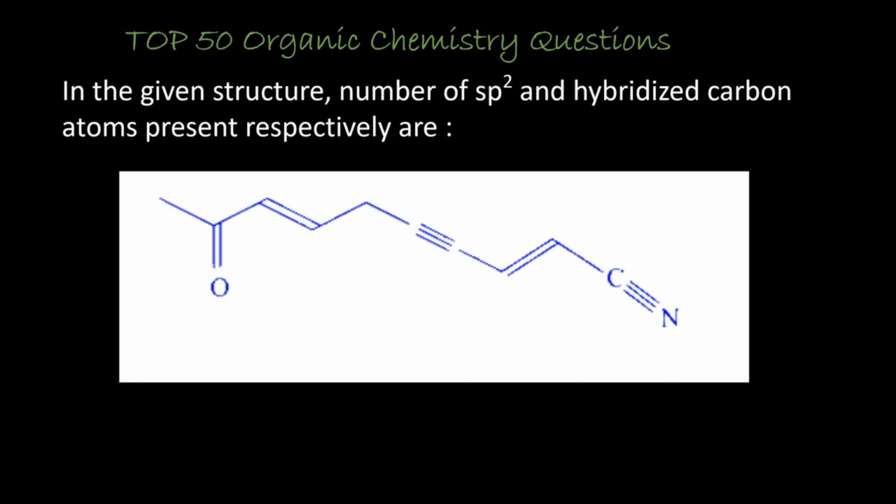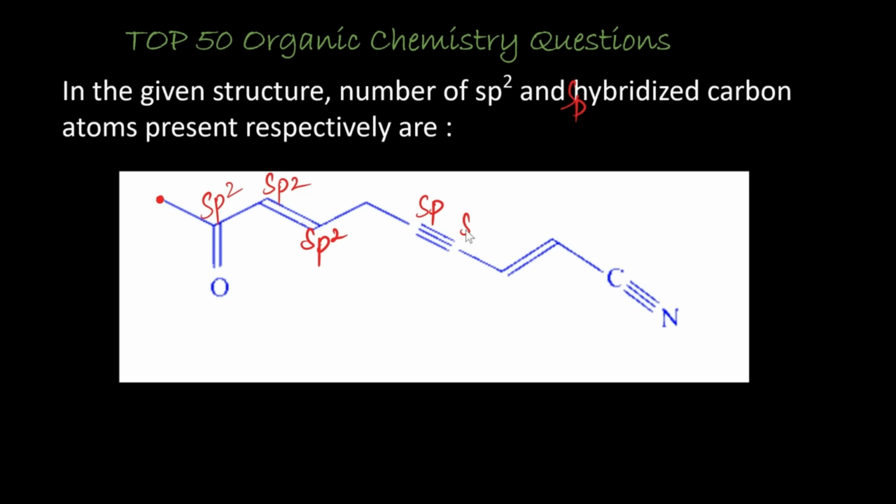In a given structure, the number of sp2 and sp hybridized carbon atoms present respectively are. Okay, so let's analyze this. First of all, this is not our major concern, CH3, and then we have here double bond O, that is sp2, and double bond sp2 again, sp2, and this is CH2, not our concern.